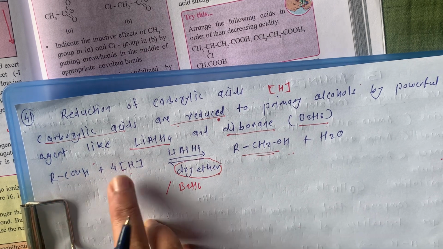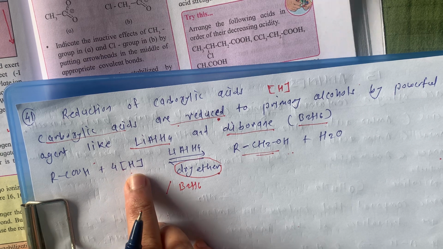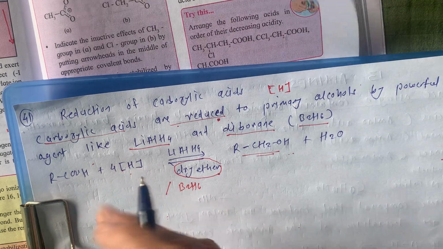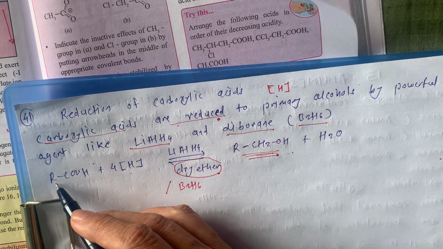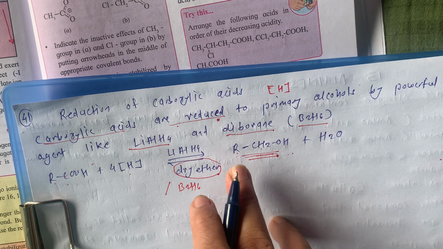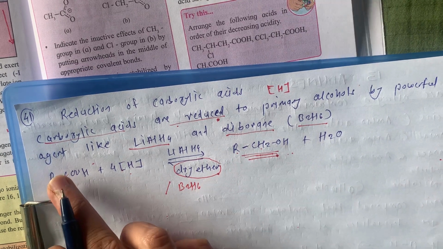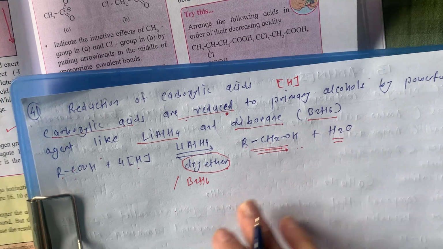So what is this? Reduction of carboxylic acid. RCOOH is going to react with the nascent hydrogen. There is formation of alcohol with the same number of carbon atoms, with no loss of any carbon atoms. The same carbon atoms remain here, and the byproduct is H2. So what is going to happen?